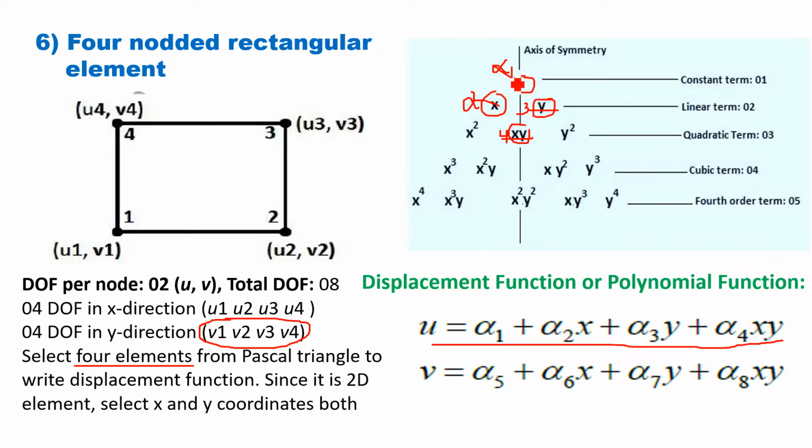Those elements remain the same. Only the multiplying generalized coordinates will be different for v. Alpha 1 to alpha 4 we have already used for u. So for v we will use alpha 5, alpha 6, alpha 7 and alpha 8. Right? So these are the displacement polynomials or displacement functions for the 4-noded rectangular element.